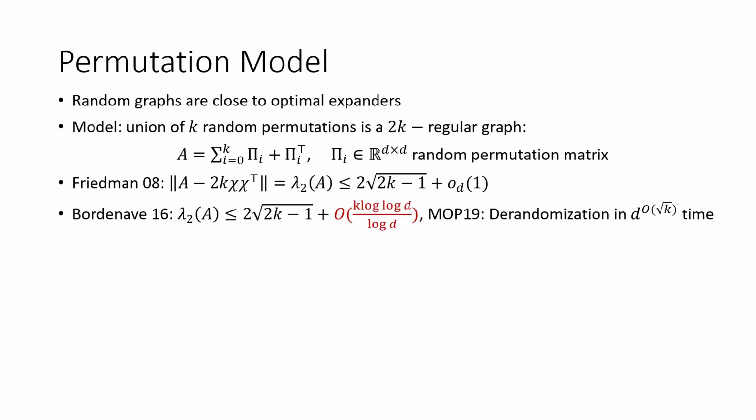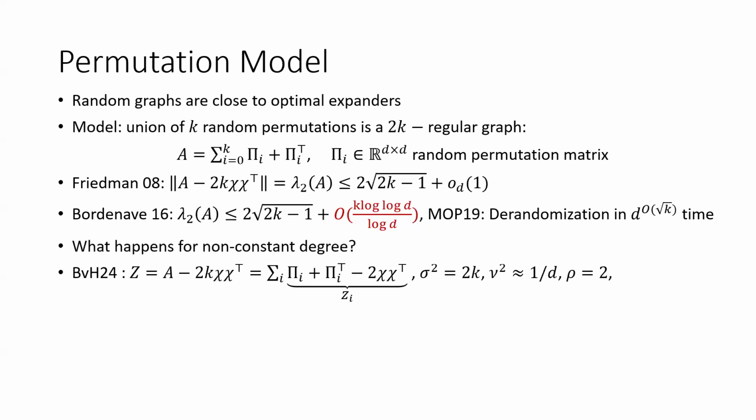And Bordenave later on gave a simpler proof than Friedman, and his proof was de-randomized by Mohanty, O'Donnell, and Paredes in time that is polynomial if the degree is constant, but not polynomial if the degree is not constant. So a natural question that we might ask is what happens for non-constant degree? We know that in the constant degree regime this de-randomization works, but what happens for non-constant degrees?